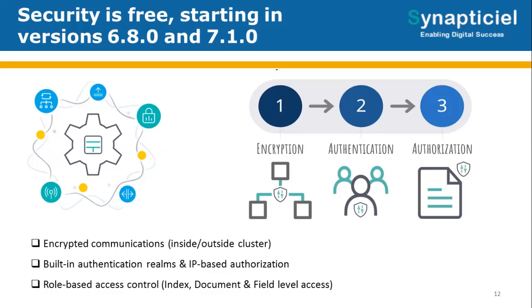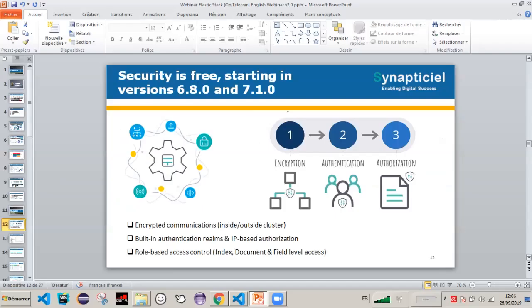For example, if you want to provide access to the call center to troubleshoot customer complaints, you can restrict sensitive fields. You can also restrict sensitive documents, meaning that if you have some VIP customers, I can create a role so that no one can see events of these VIP customers.